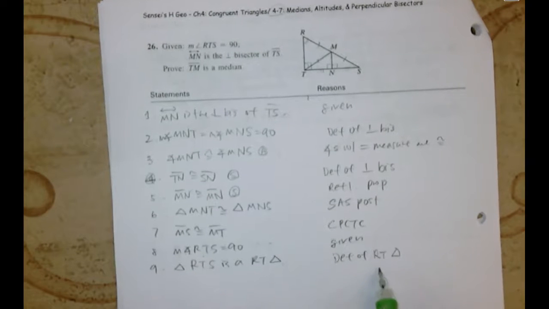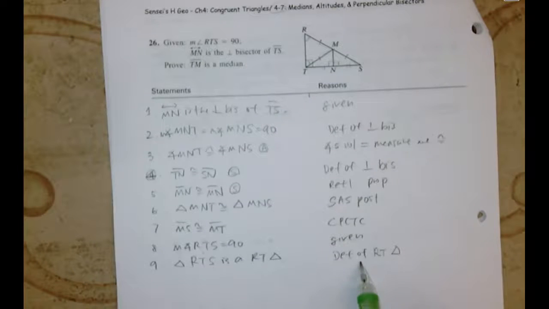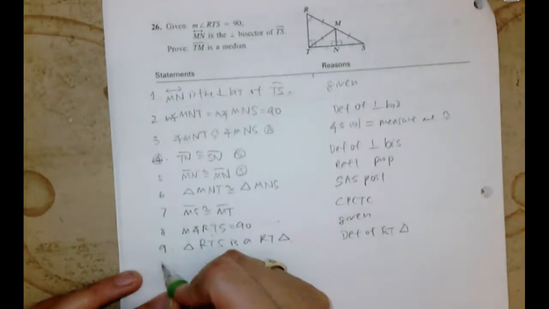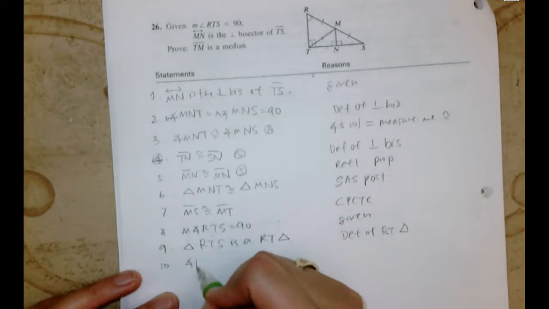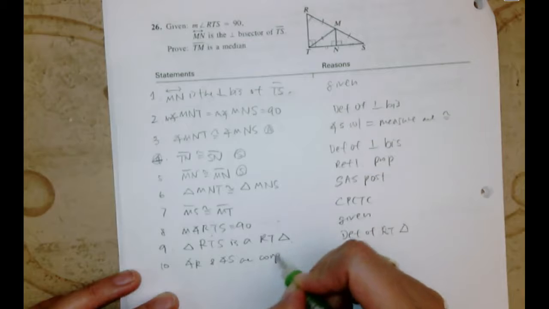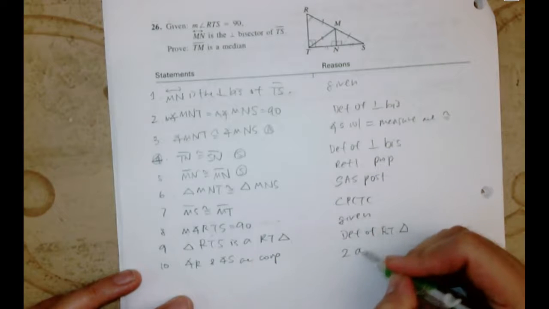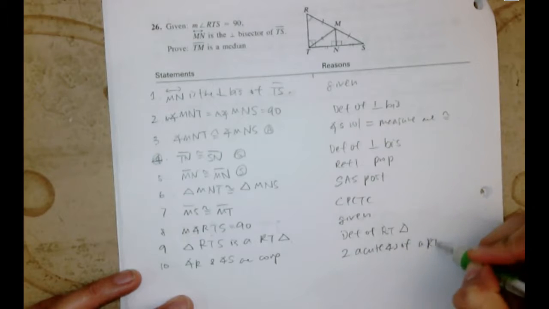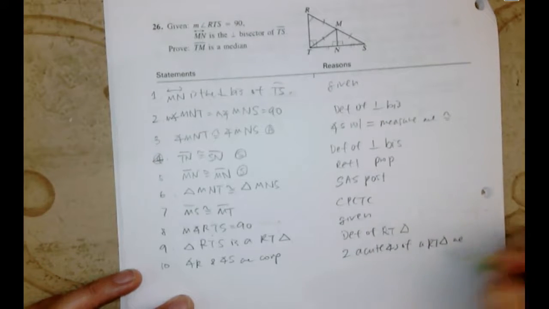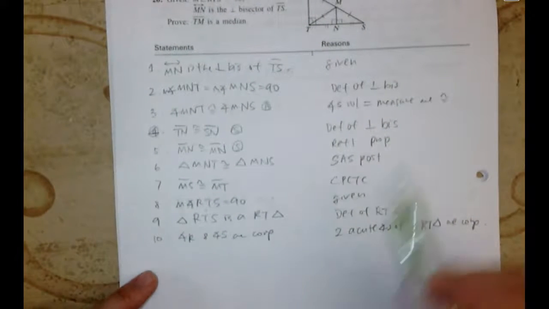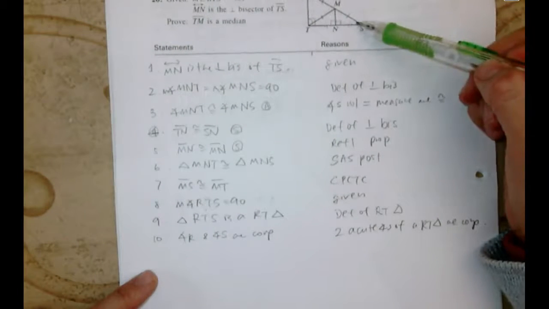Or if one of the angles is 90 degrees, then the triangle is a right triangle. Any of those would be fine, or definition of right triangle. Then you can say that angle R and angle S are complementary, and two acute angles of a right triangle are complementary. Okay, so we got these are complementary.